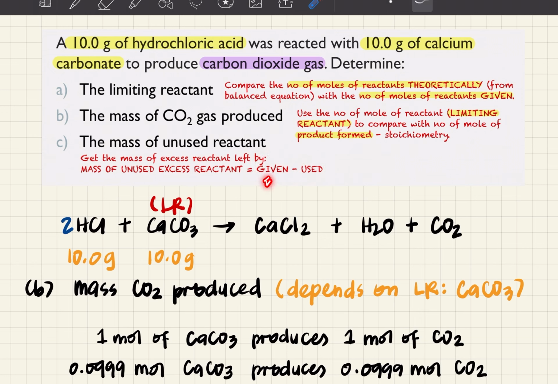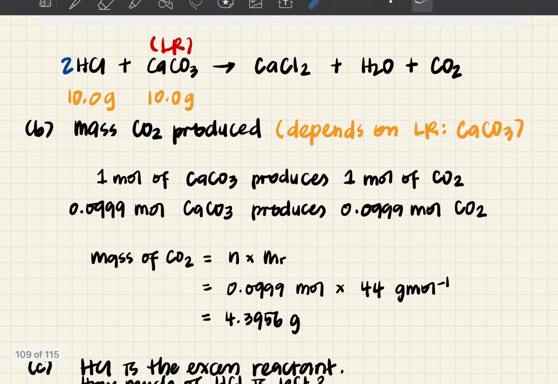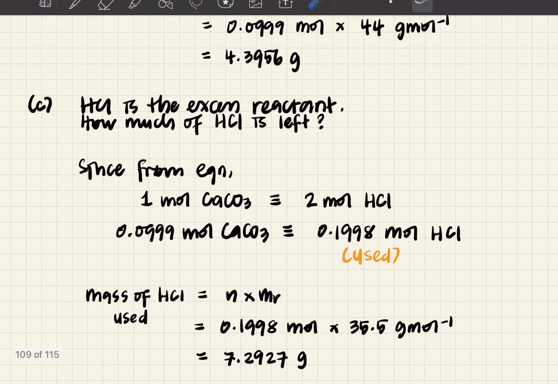So maksudnya given ni kita dah tahu sebab dia given is 10 grams. Betul? So maksudnya kita kena carilah berapa banyak mass of HCl is used. Okay, so maksudnya kita akan buat stoichiometry jugalah.